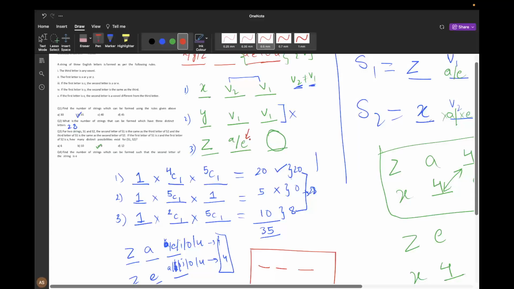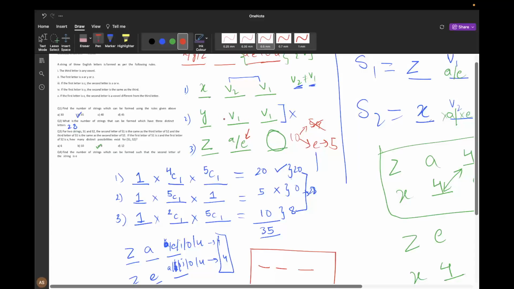Here how many cases can be there? Z had total 10 cases, so half of it would be A and half of it would be E. So we need the second letter to be E, so we take 5 of E and we remove 5 of A. So from Z as the first character we have 5 strings.